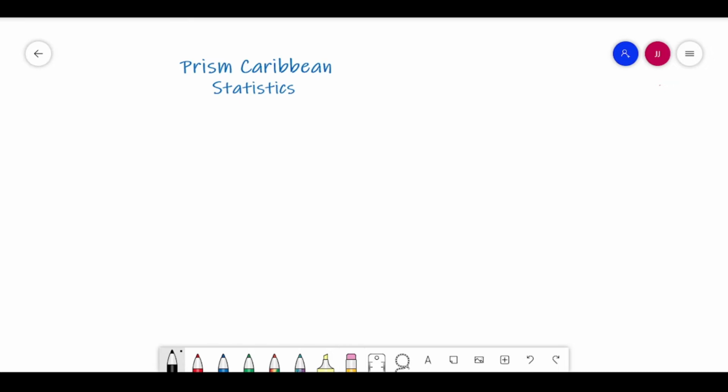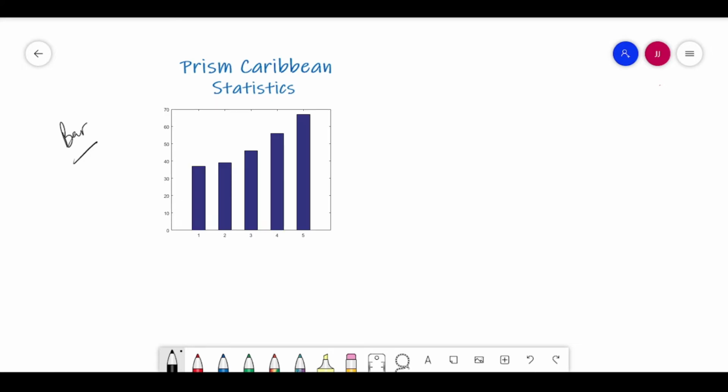So before I go on to math, I just want to go over some graphs which are quite essential. The first graph I would like you all to remember is the bar graph, right? If you may recall, the bar graph seems something like this. This is basically the bar graph.